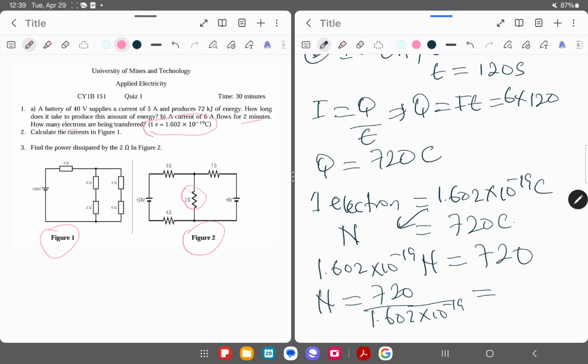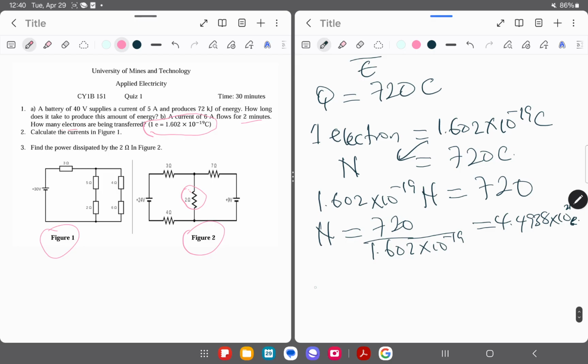So now when you do the division, you get the answer to be 4.4938 times 10 to the power 21 electrons.